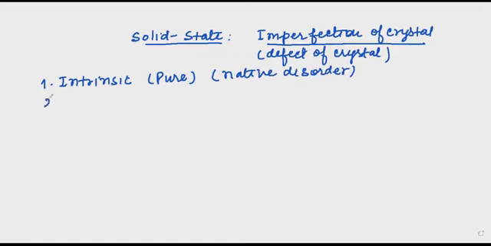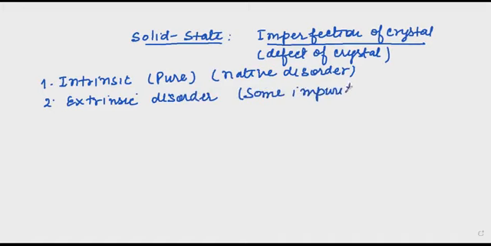And the second one is extrinsic. This is called an extrinsic disorder, means some impurities are mixed in it. So these are the two defects on the basis of pure and impurity. Clear?